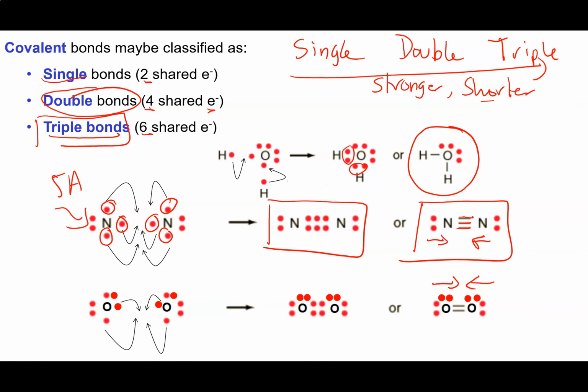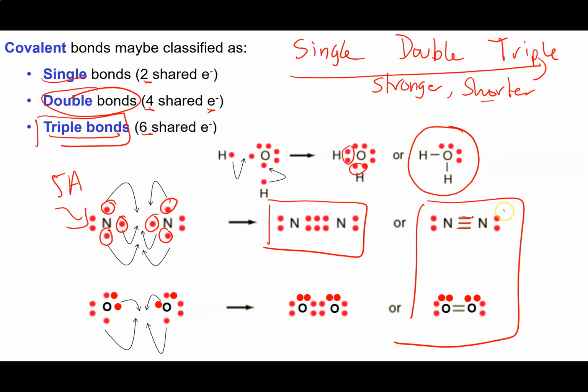So they get shorter and shorter as we move from single to double to triple, and they get stronger. Now, the fact that the bond in N2 is a triple and the bond in O2 is only a double has some very real consequences.